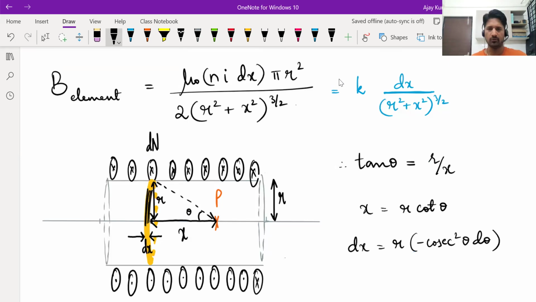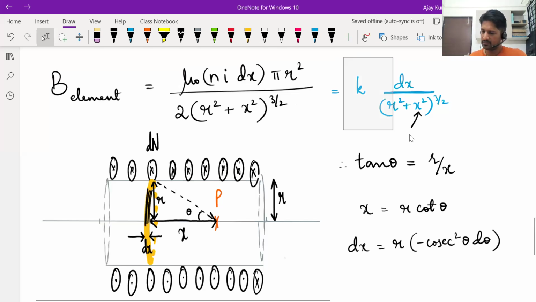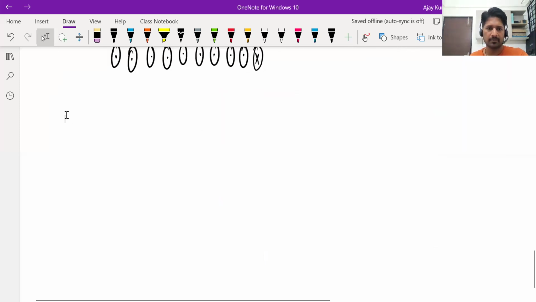So in place of dx, we are going to write this. And there is r square plus x square in the denominator. We have to replace x now. Okay, we are changing the variable. We are writing x in terms of theta. x is equal to r cot theta. We'll write that here also.